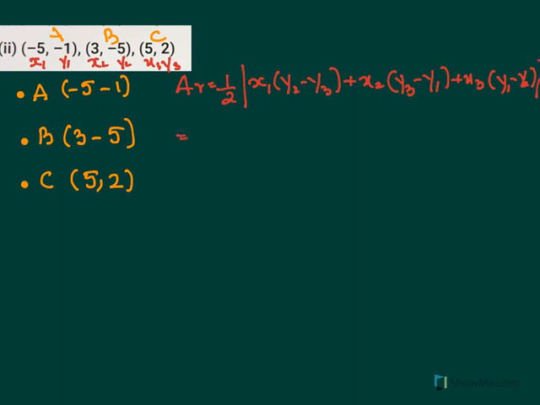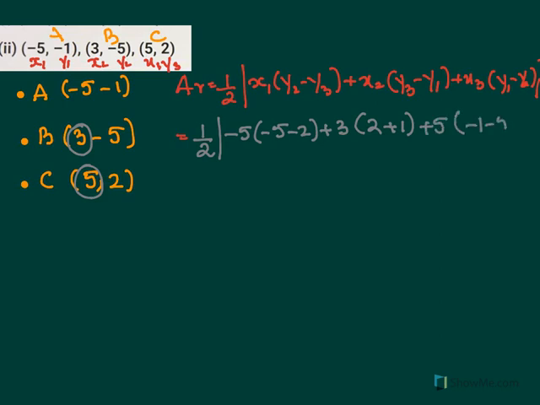Just put the values. So it will be half, and our x1 is minus 5, y2 minus y3 will be minus 5 minus 2, plus x2. We know x2 is 3, then we add this, 2 plus 1, then we take x3, that is 5, and here is minus 1 minus 5. Just put the values.